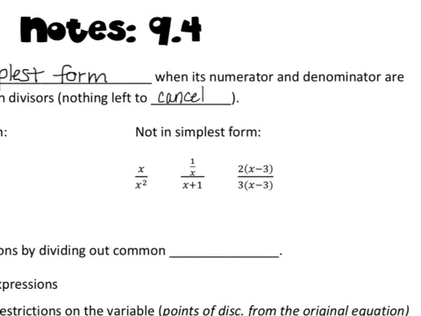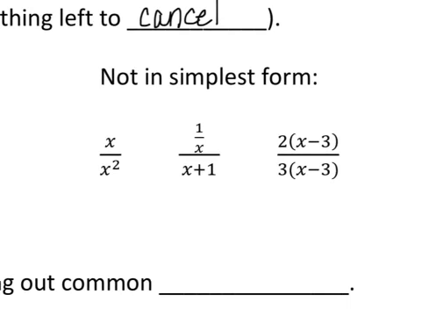Now, these over here can be simplified. Like in the first one, what can we cancel? An x with one of the ones on bottom, so we end up with 1 over x. The next one is a fraction within a fraction. We don't like that.